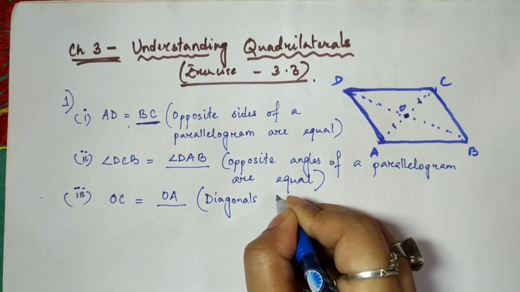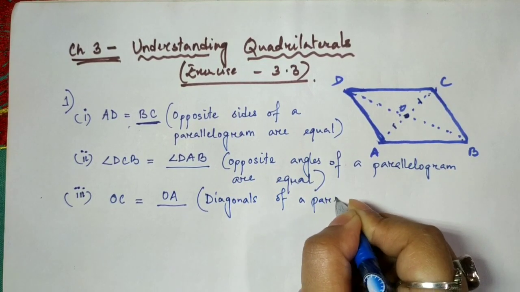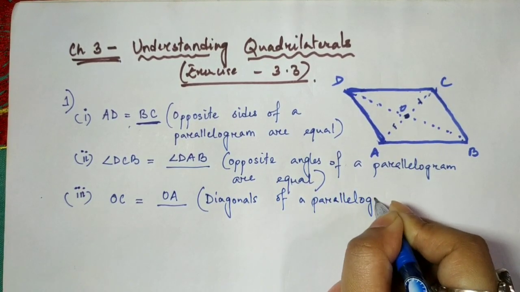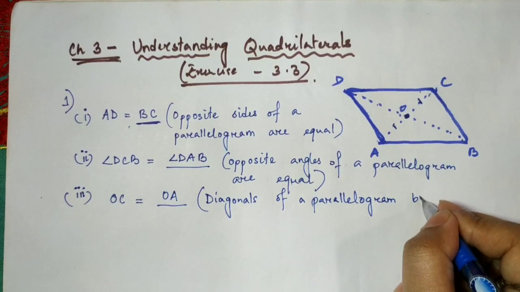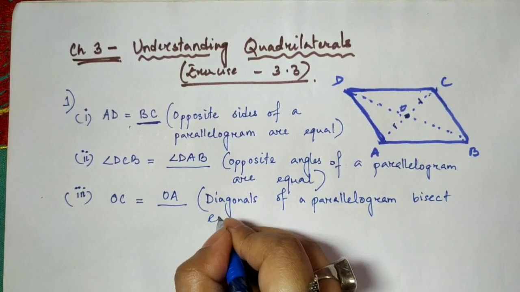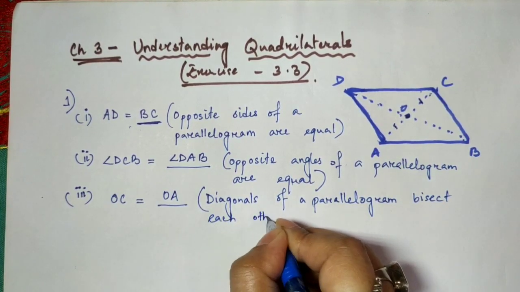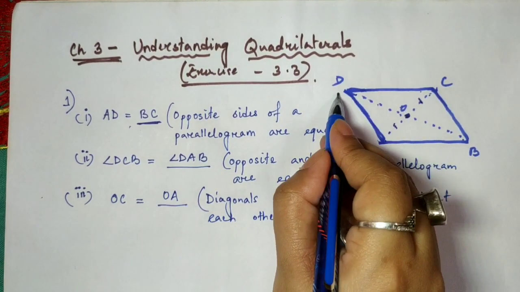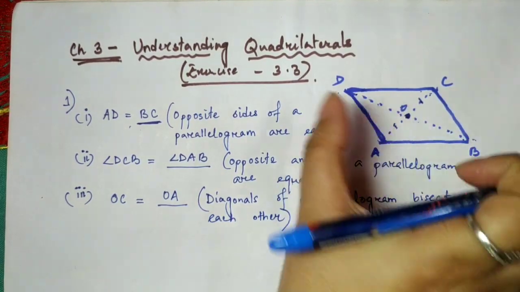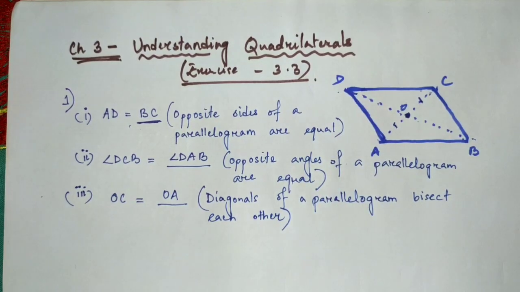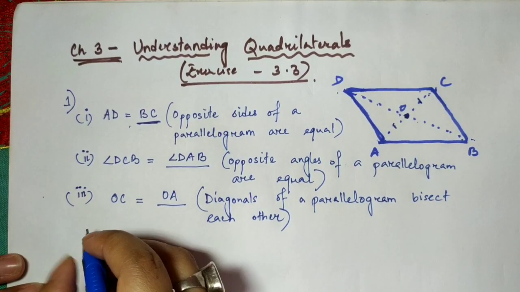Diagonals of a parallelogram bisect each other. If in the question, instead of OC, it is given OD, then it will be OD equal to OB, for that particular diagonal BD. Now the fourth one.